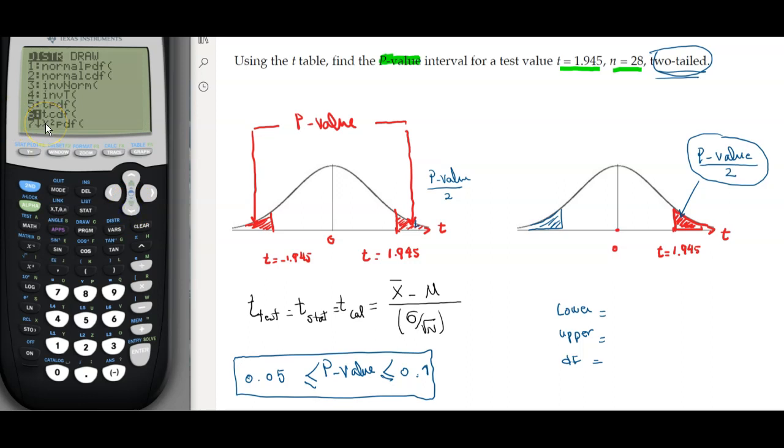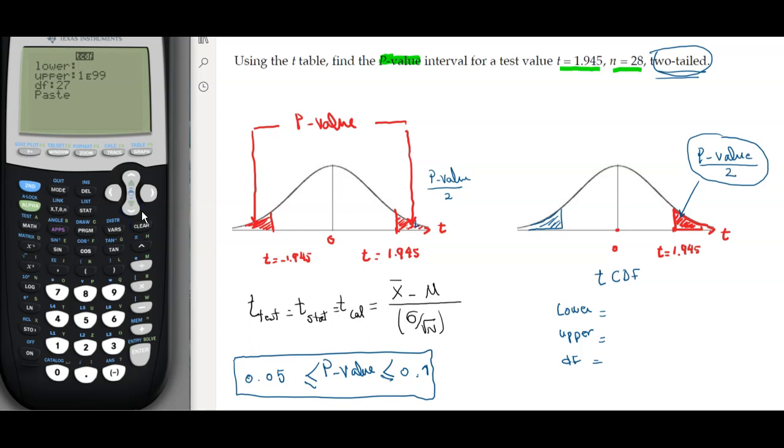All right. So the function we are using is tcdf. CDF stands for cumulative distribution function. All right, so we go there, and I already plugged the value, so let me do it again.